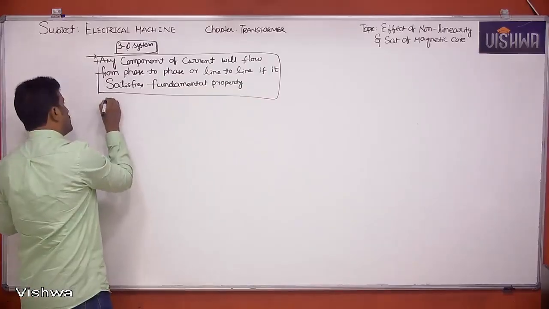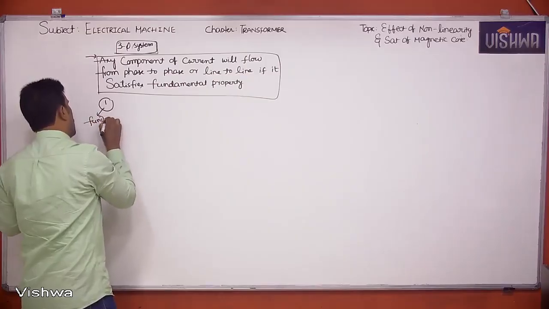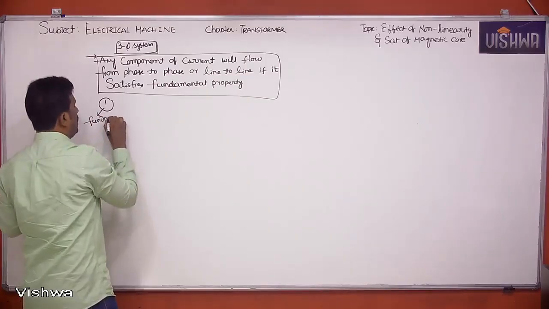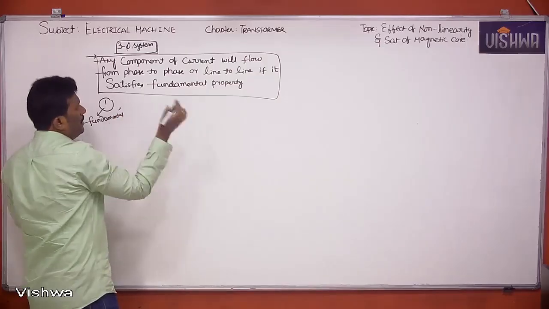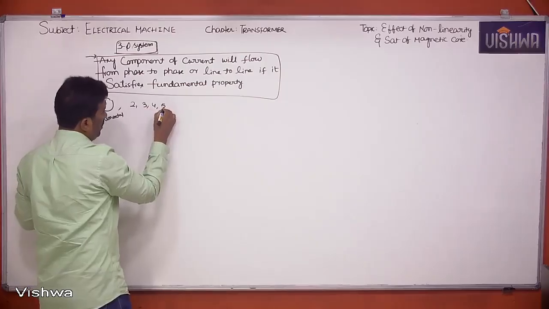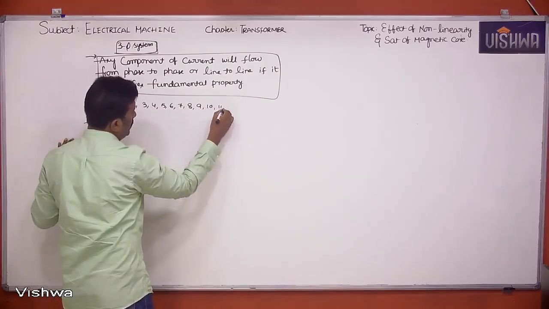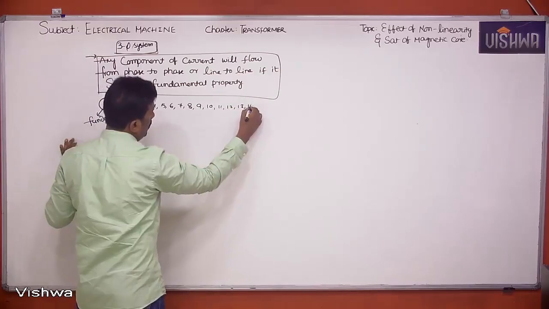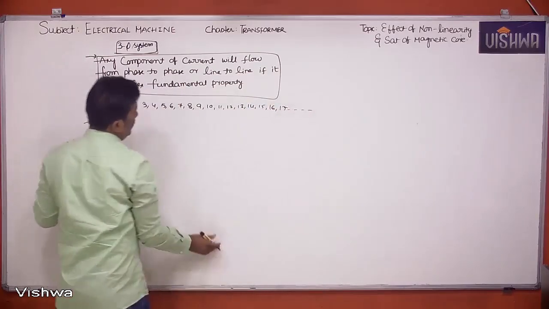Example, generally if you take this one as the fundamental current, and generally we are having harmonics, right? We are having 2, 3, 4, 5, 6, 7, 8, 9, 10, 11, 12, 13, 14, 15, 16, 17 and so on. These are harmonics.